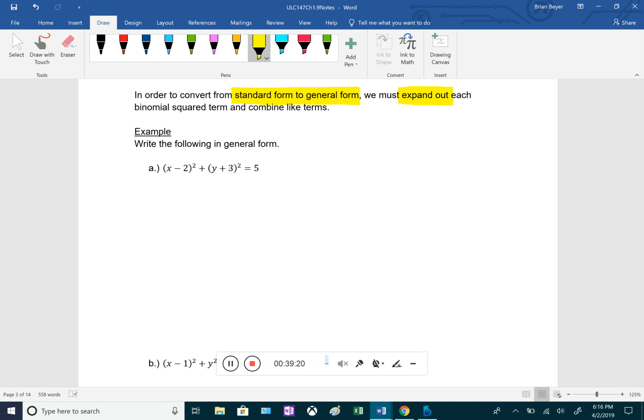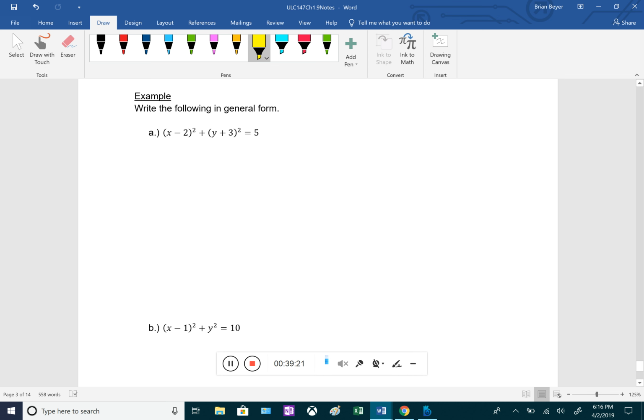Okay, so write the following in general form. x minus 2 squared plus y plus 3 squared equals 5. So x minus 2 squared, I'm going to write this on the side. x minus 2 squared equals x minus 2 times x minus 2. If we were to FOIL that out, we should get x squared minus 4x plus 4.